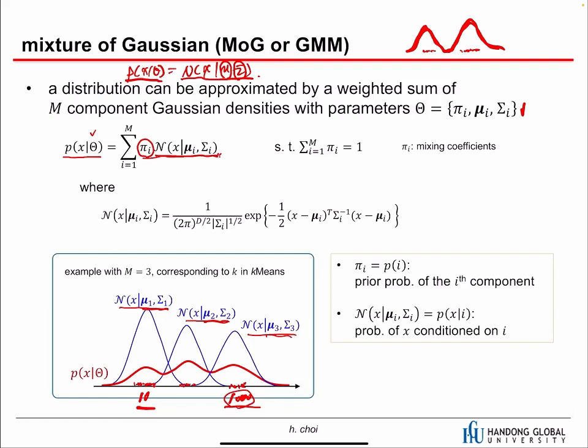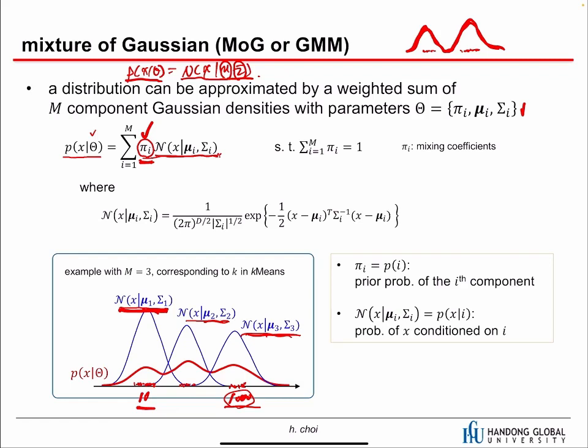That is actually a pi, depending on how many samples are in that component. So if this Gaussian is modeling a lot of samples, then this one will have a high weight, and if this one has a few samples, then this one will have a small weight.